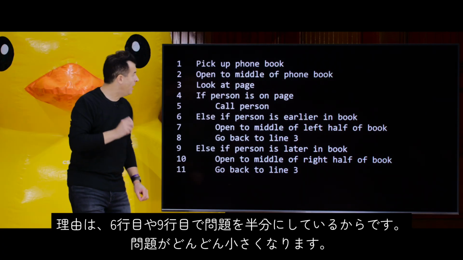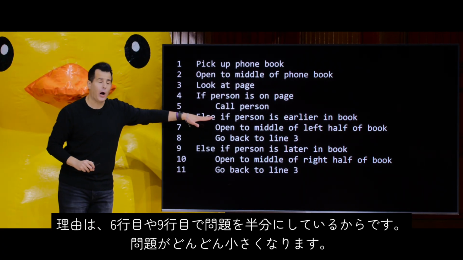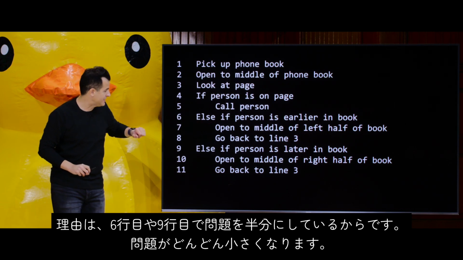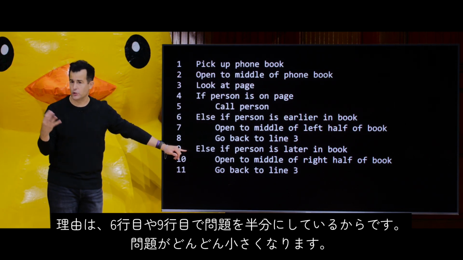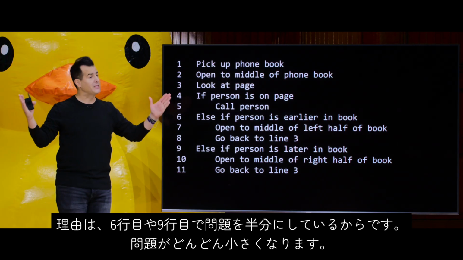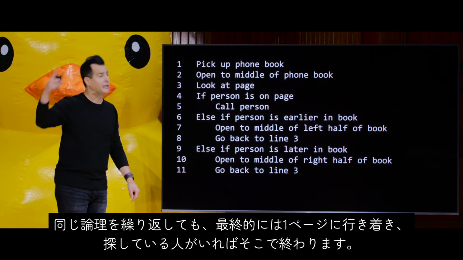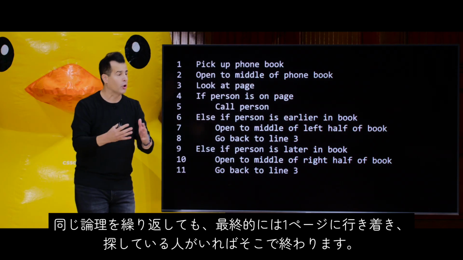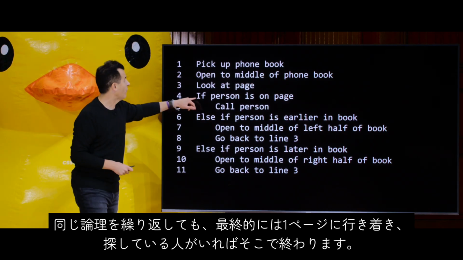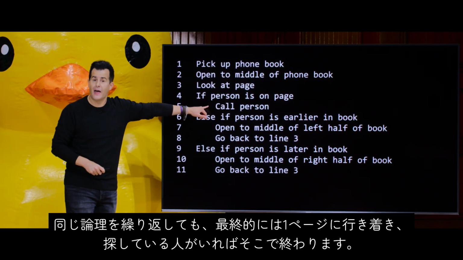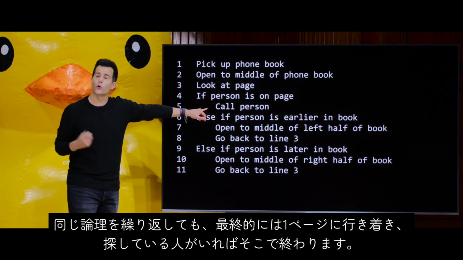Yeah, so because I am dividing the problem in half, for instance, on line 6 or line 9, implicitly, just based on how I've written this, the problem's getting smaller and smaller and smaller. So it's fine if I keep doing the same logic again and again, because if the problem's getting smaller, eventually it's going to bottom out, and I'm going to have just one person on that page that I want to call, and so the algorithm's done.